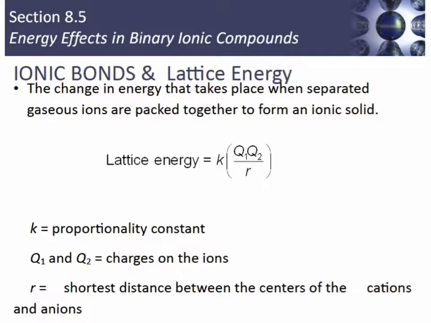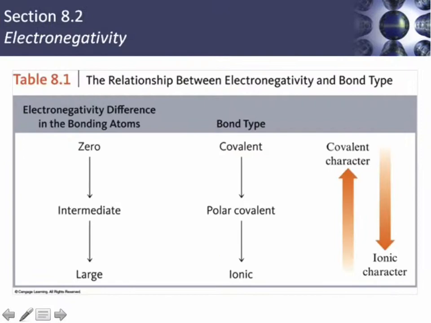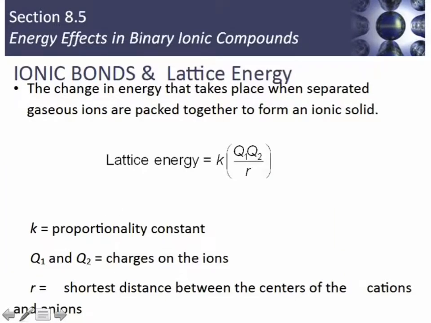So here is the equation. Lattice energy is equal to this constant times Q1Q2. Q is our charge, and we're going to multiply those two charges and divide it by our radius. So I'm just going to write under here Coulomb's law.